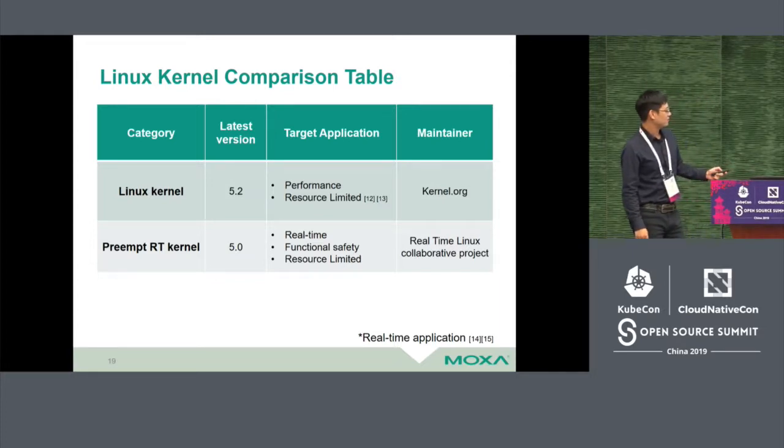The Linux kernel is typically suitable for performance and resource-limited target applications. About 10 years ago, for resource-limited applications we usually used uClinux. But recently, the Linux kernel supports no-MMU architecture and a tiny kernel, so we can use the Linux kernel on some resource-limited platforms. The real-time kernel is suitable for real-time, functional safety, and resource-limited target applications.